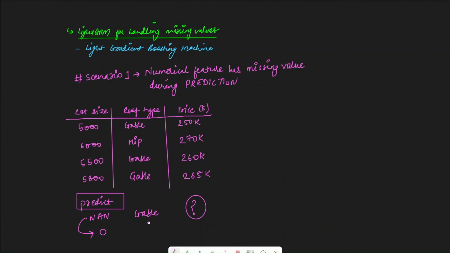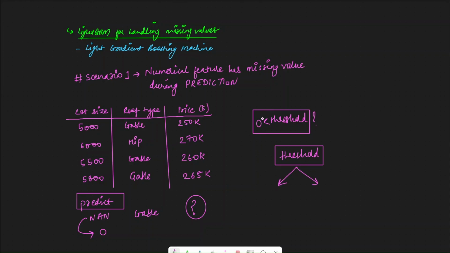Then we will compare this 0 with whatever threshold is chosen at the time of split. Is 0 less than the threshold or greater than the threshold? We are going to check that, because how a split happens is this is our threshold, and at this threshold we say whether our value lies below or above the threshold.